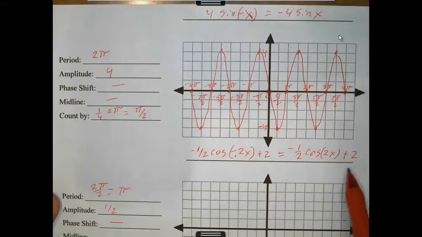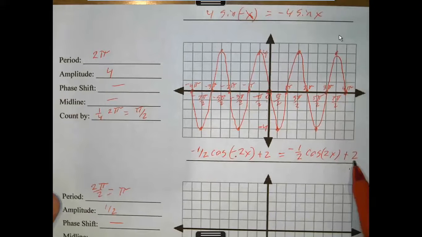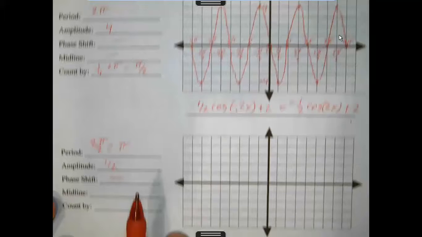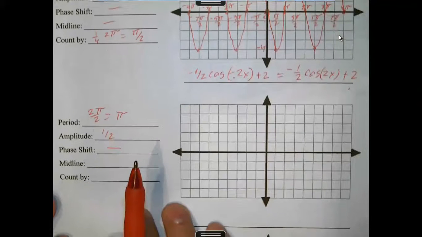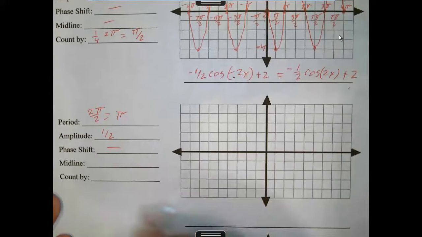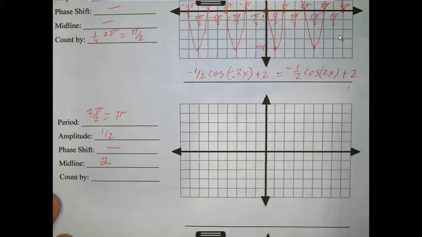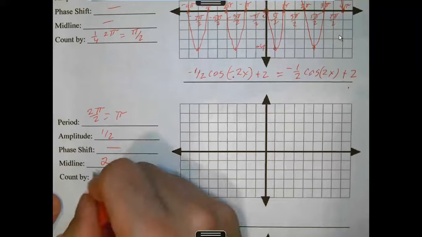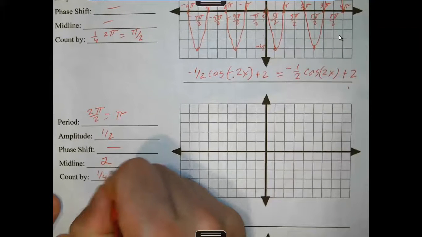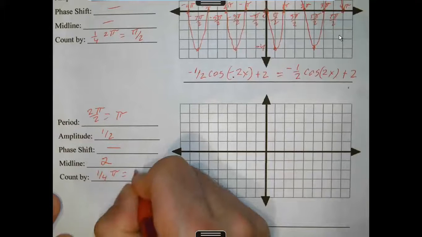That is this number right here. That's the vertical shift that I have. And my midline shift is going to be 2. That means I go up 2. And I count by, I take 1/4 of pi, so that's going to be pi over 4.